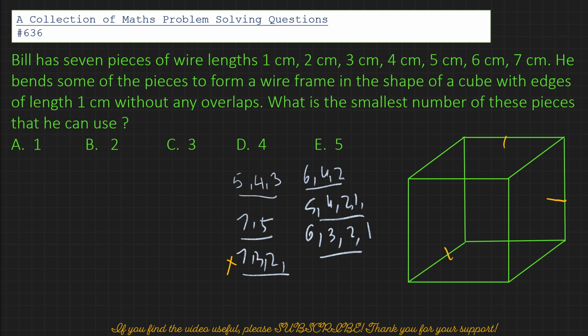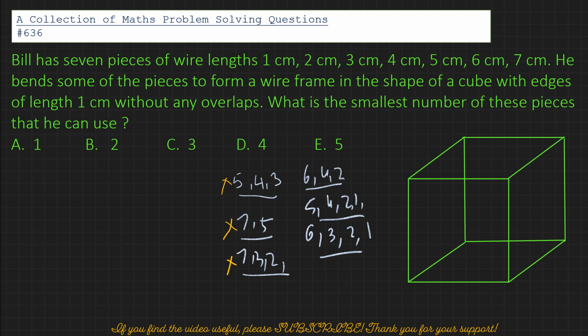No. Maybe you can do 5 some other way. 1, 2, 3, 4, 5, and then 1, 2, 3, 4. No, it's not working. I don't know how to get it to work. This is definitely not an option, not 7 and 5. I don't know how to make it with 7 and 5. Have a play with it. Maybe you can, but I'm also trying.